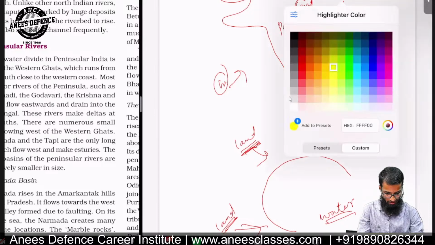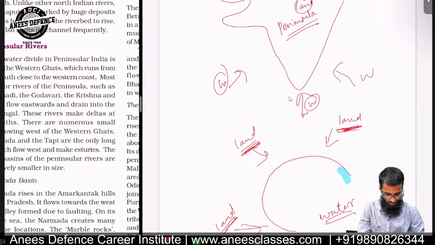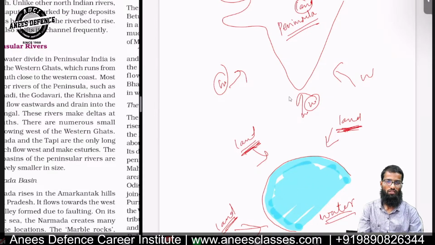So let us say this is the water. What will you call this type of thing? You now understood what I'm telling. So this is called a bay.